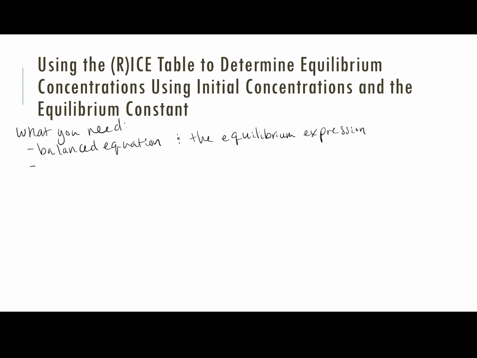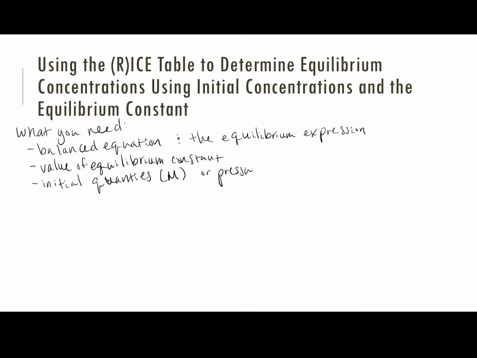You'll need the value of your equilibrium constant, and initial quantities of each species. So initial quantities in molarity or pressures in atmospheres of each species. It's fine if some of them are 0, and you need to know which direction the reaction is going to proceed in.